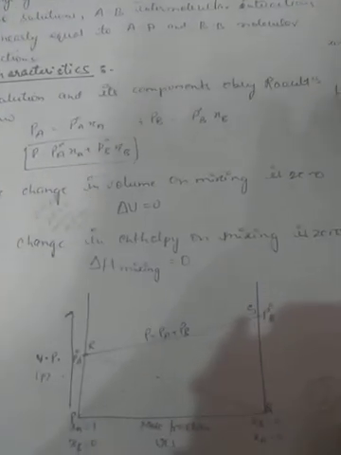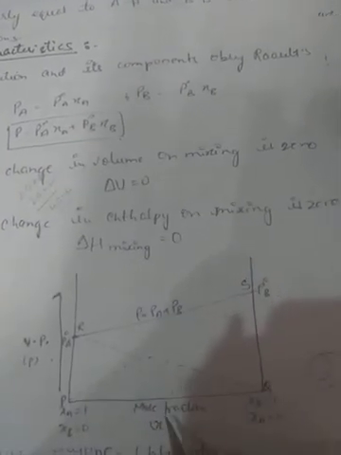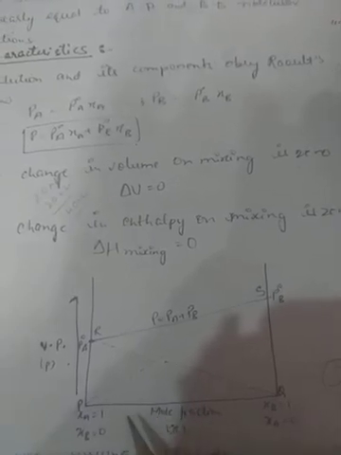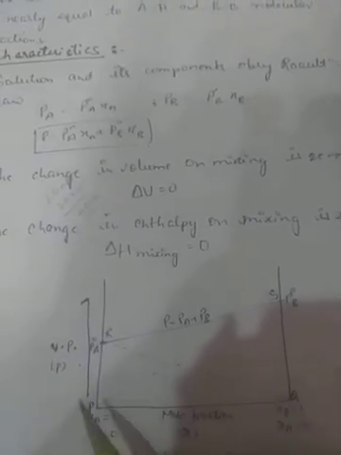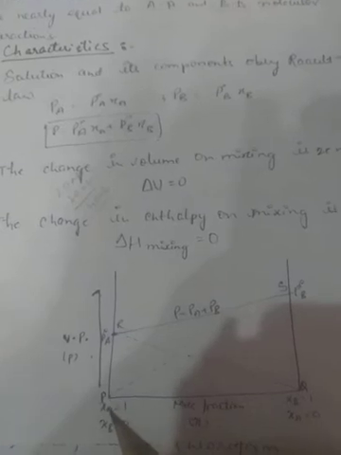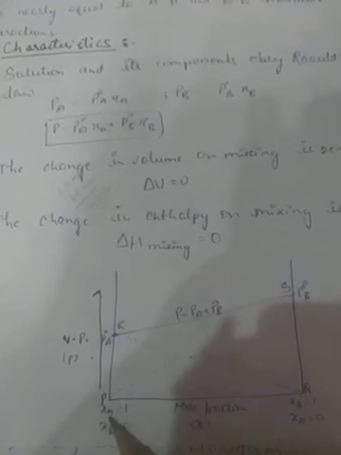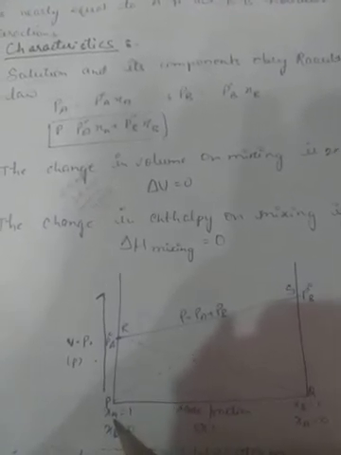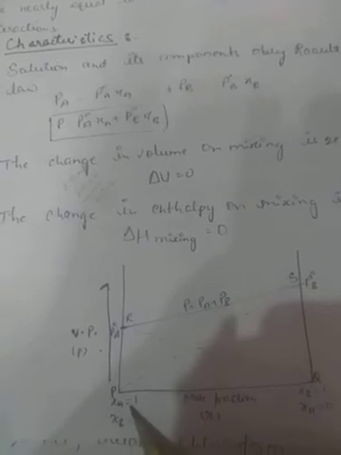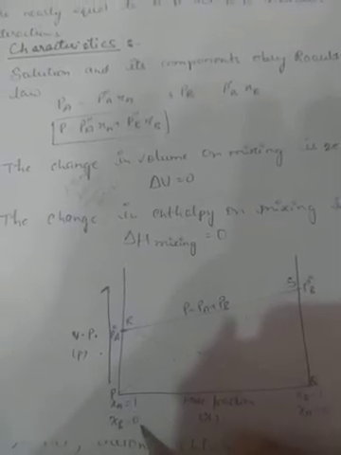Now with the help of this graph, we'll study these things. On this axis the vapor pressure is present, and here is the mole fraction. Here see, XA at this point, the mole fraction of component A, is maximum, that is 1, and XB is 0.